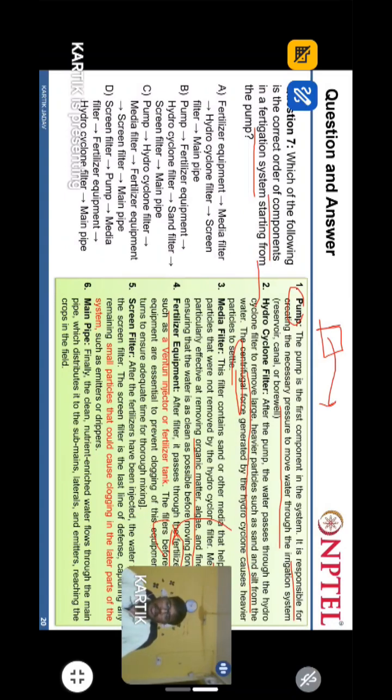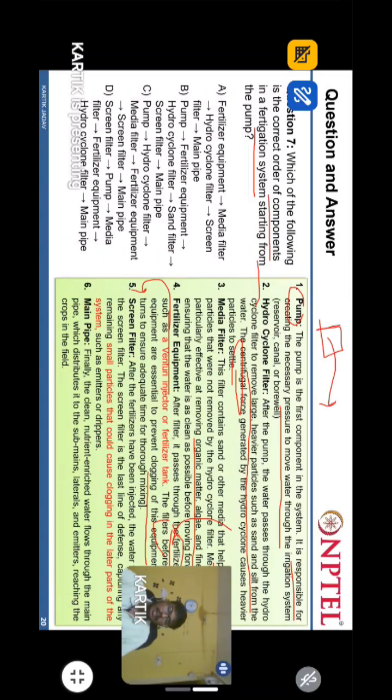The filters before the fertilizer equipment are essential to prevent clogging of this equipment, right? And there is an arrangement like 90-degree turns to ensure adequate time for thorough mixing in the fertilizer equipment. Next to the fertilizer equipment, we have the screen filter. I already discussed the importance of the screen filter, because after the fertilizers have been injected, the water flows through the screen filter.